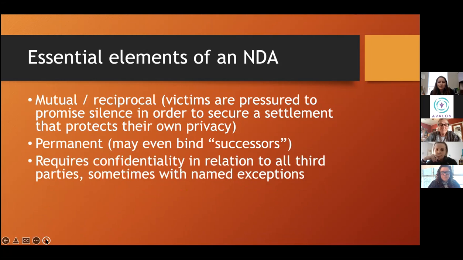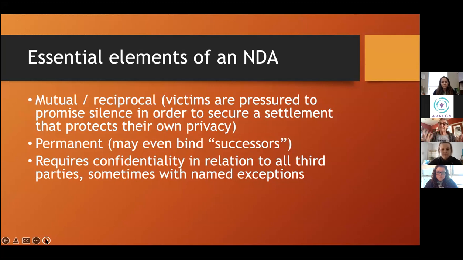As Sarah's already said, confidentiality is required in an NDA to all third parties. And sometimes I've seen NDAs that specify, including family, friends, and relatives. Even if it doesn't specify that, people who sign NDAs inevitably, understandably, tend to operate on the worst case scenario because they're terrified of breaching.